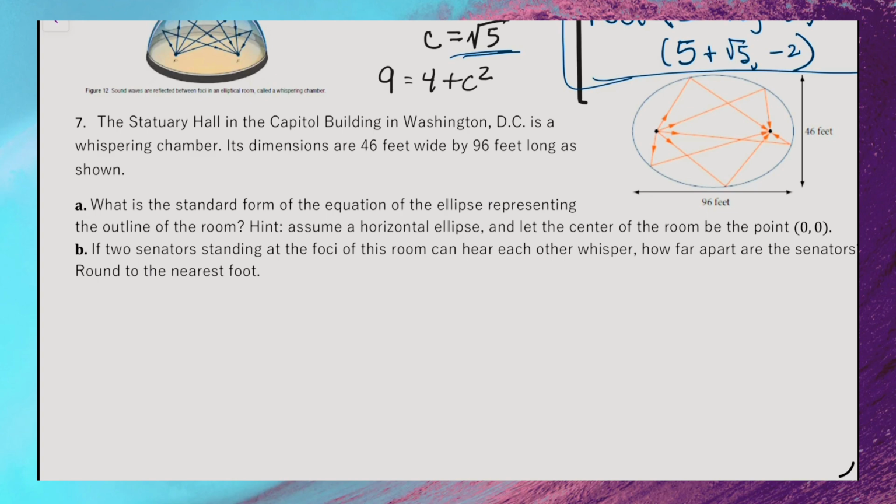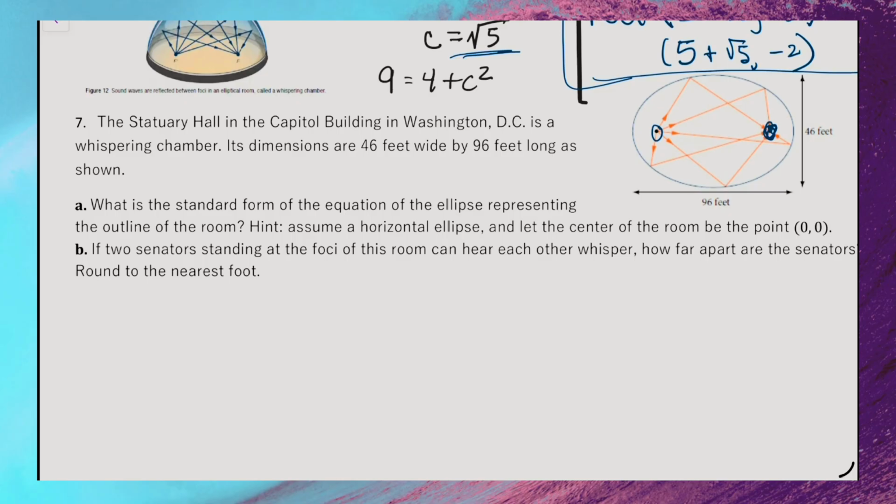Basically, what this means is if you're at the foci points and you whisper, the sound waves reflect off of the walls and go towards the other focal point. So if you whisper, the sound waves will travel and land at the other focal point, so you can hear each other whisper.